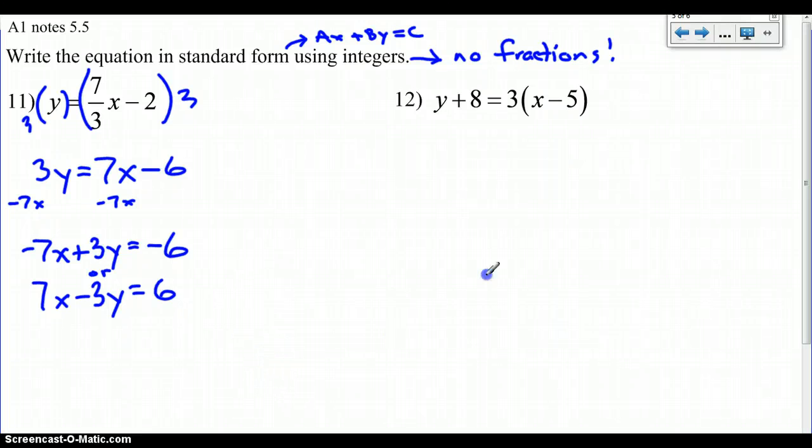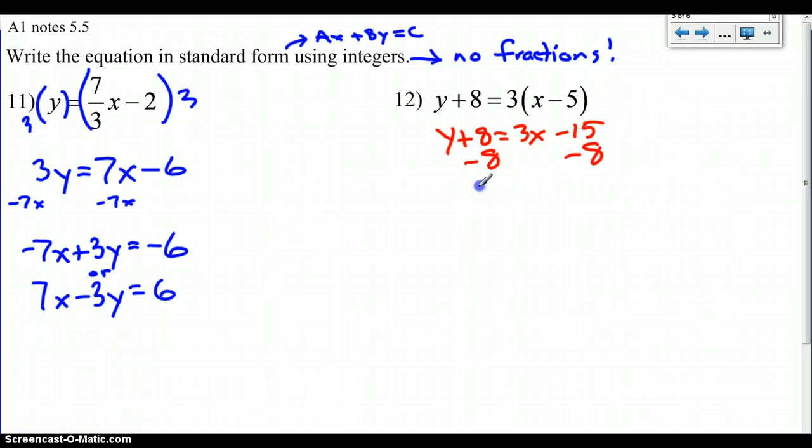All right, number 12. Same instructions, but notice this time we're starting in point-slope form. So what I'm going to do is actually start by doing a little distribution, 3x minus 15. Now, we need to move the x and y terms to the same side of the equation. I also need to move the constants, the numbers, together.